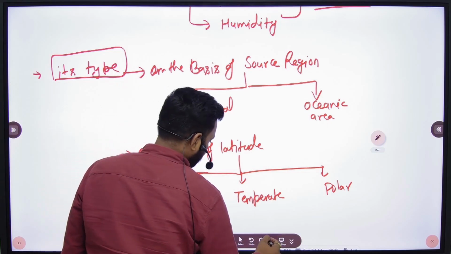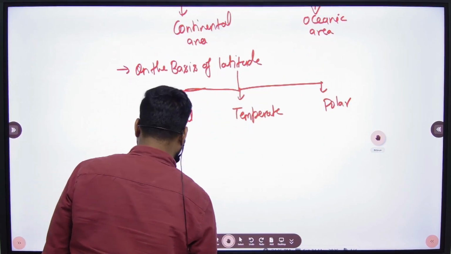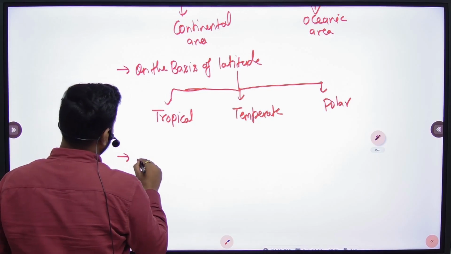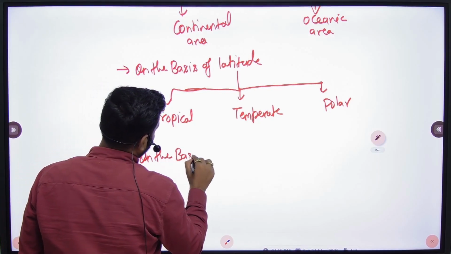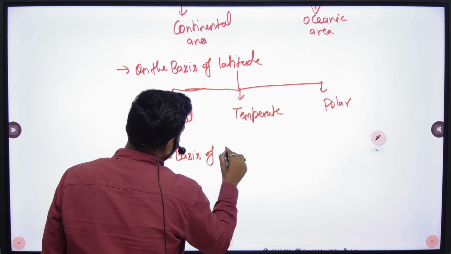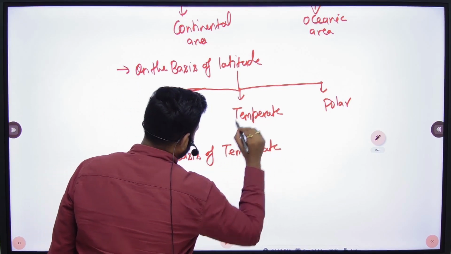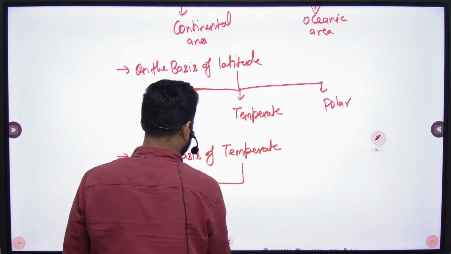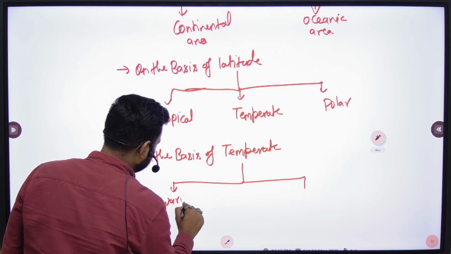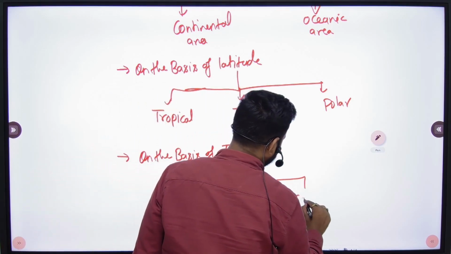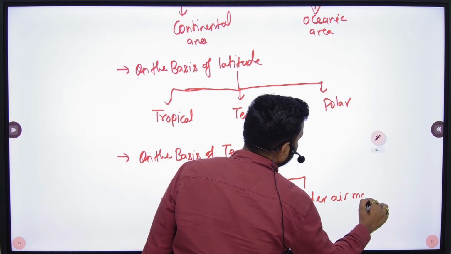Okay, now we are moving further. On the basis of temperature, air masses have two types. One is warmer air mass and the second one is colder air mass. Is it okay?